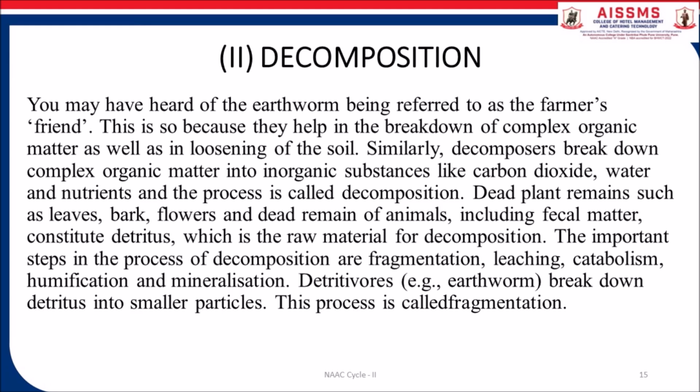Decomposition is largely an oxygen requiring process. The rate of decomposition is controlled by the chemical composition of detritus, climate and other factors. In a particular climatic condition, decomposition rate is slower if the detritus is rich in lignin and chitin, and quicker if rich in nitrogen and water soluble substances like sugars.